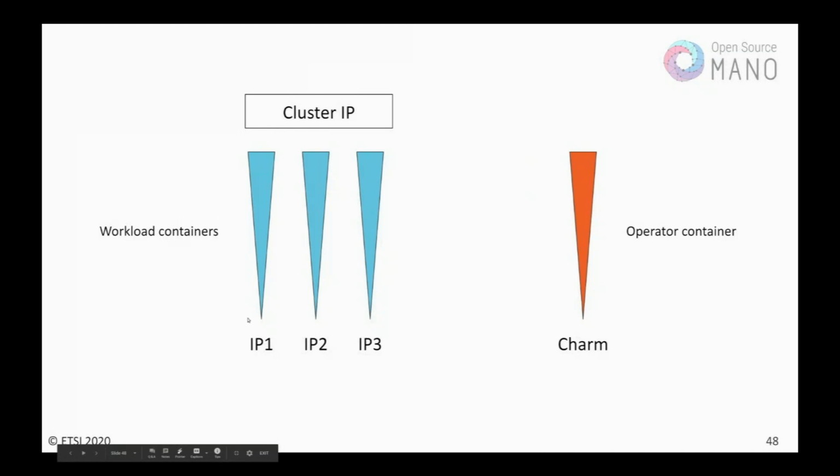So each workload will be assigned with one IP, but nothing should change here because of the cluster IP, because Kubernetes will know which IPs it has to load balance. Okay. So I think that answers the question.